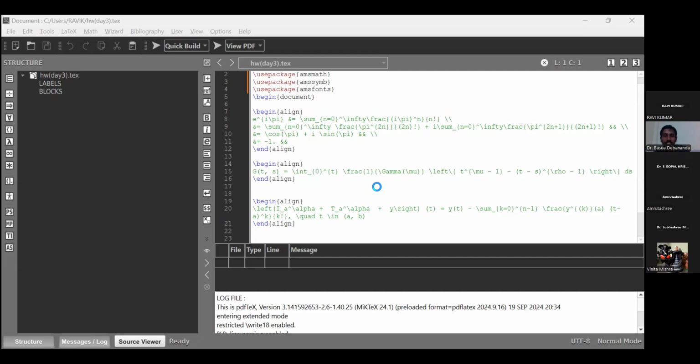In that case, for the line where you don't want the number, you just type slash no number at the beginning of that line. Here, sir? No, at the beginning of the line.